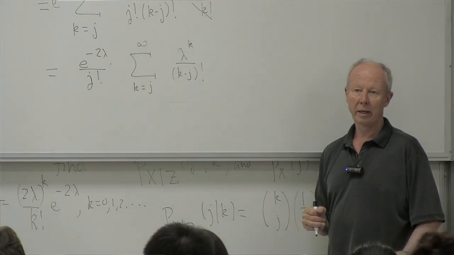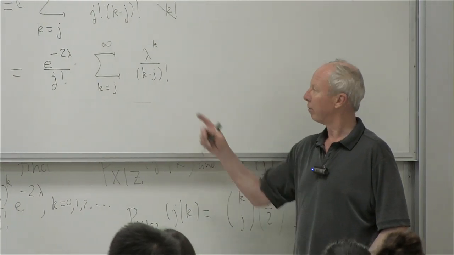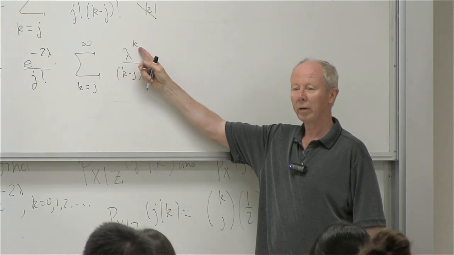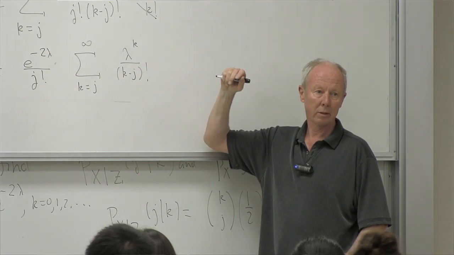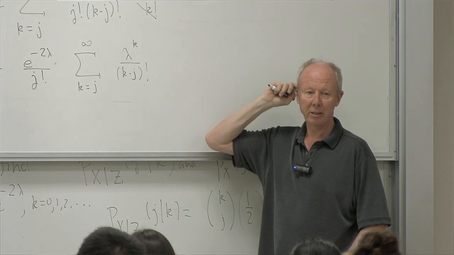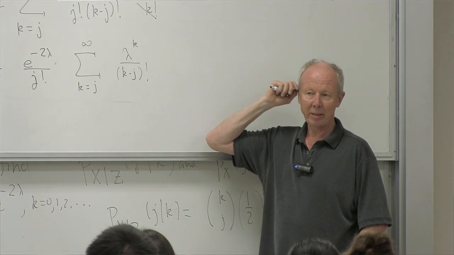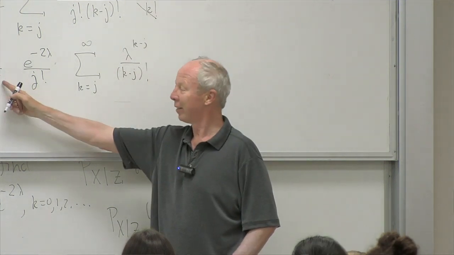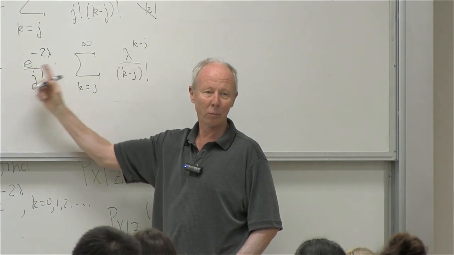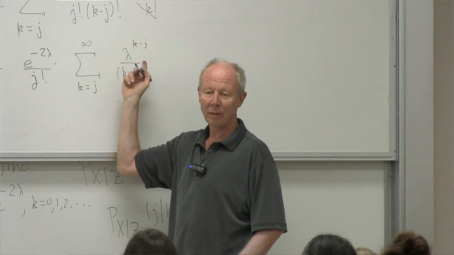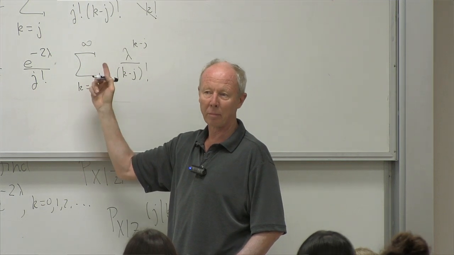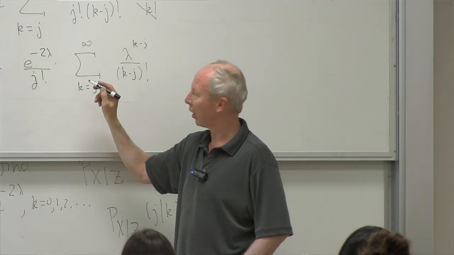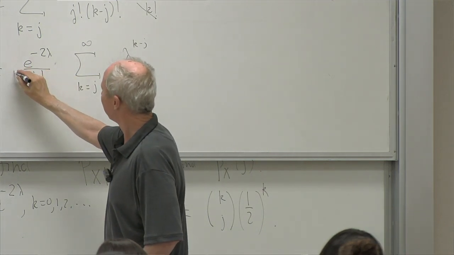And this would almost look like e to the lambda if instead of lambda to the k, we had lambda to what? k minus j. Well, can we make it k minus j? Well, certainly we can. Of course, that violates this. So this means we multiply by lambda to the minus j, so we should also multiply by lambda to the j, and let's do that outside.